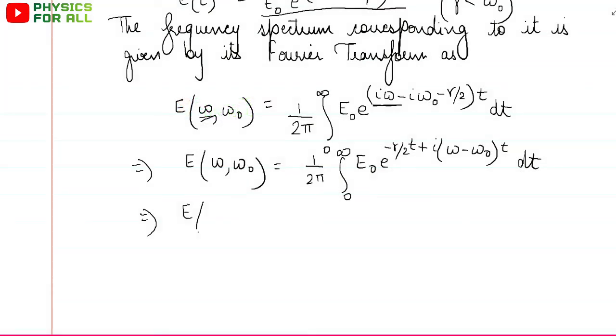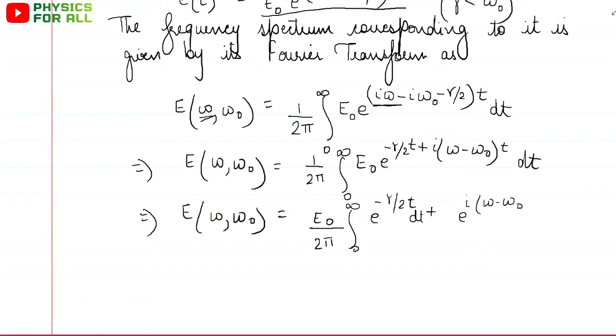Next, as E naught is simply the amplitude, I can bring it outside the integral. So now I'm left with e raised to the power minus gamma by 2 t dt times e raised to the power iota omega minus omega naught t dt.